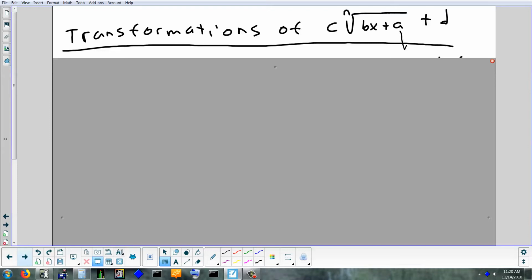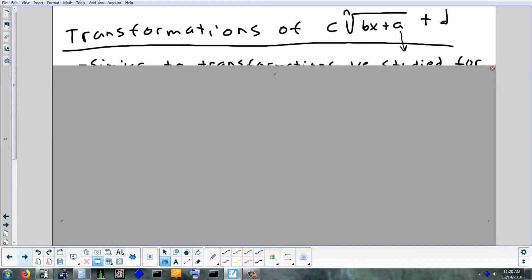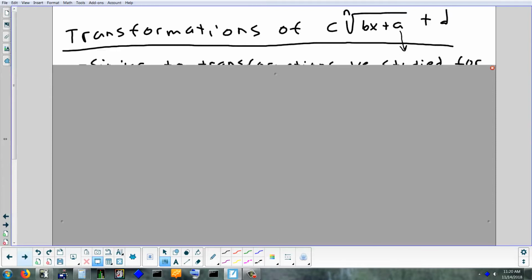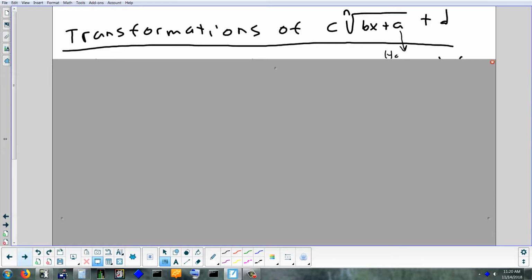So here, I don't know if I have enough room. Yeah, I'll squeeze it in. So here I'm adding inside. Inside means horizontal. Adding means shift. B, it's inside, that means it's horizontal, but it's multiplying, that means it's a stretch. Now, it could be a compression, depending on the number.